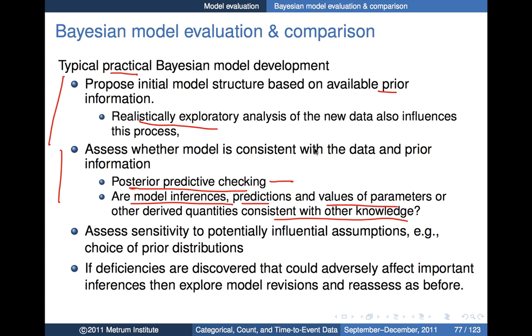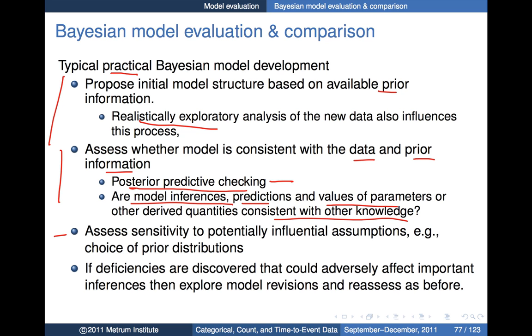But the whole point here again is you're going to be doing comparisons both with the data that you're modeling now as well as any prior data or information. What we're going to focus on in our discussion is really the first part, which is comparing with the data via posterior predictive checking. In addition, you'd like to do things like assess sensitivity to potentially influential assumptions.